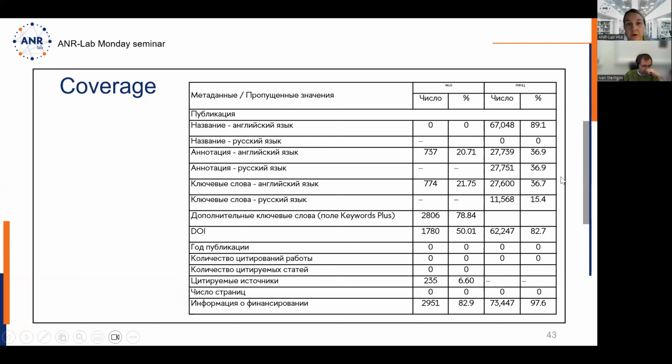So if you have like 80% of keywords plus which are missed, it means that it's not really good to use this information for your analysis. But usually it says that if something is about 20%, then 20% of missing data is actually okay.